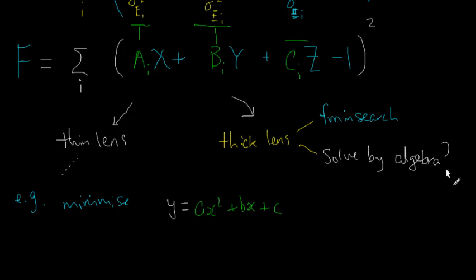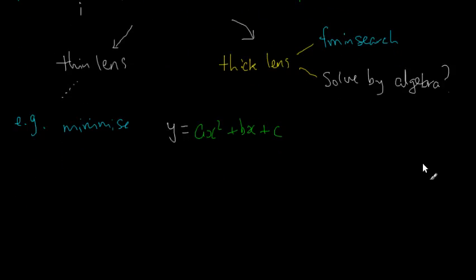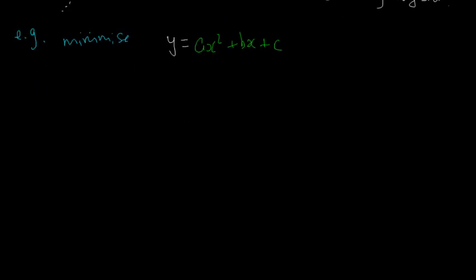Now there are different ways to do this, but the way that is relevant to what I'm going to do is to differentiate it. So I'll do dy/dx. When I differentiate this, I'll get 2ax plus b.